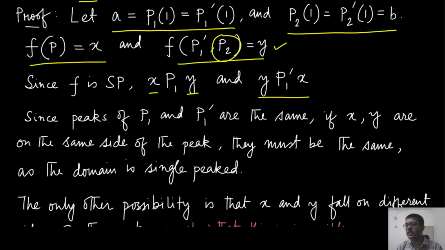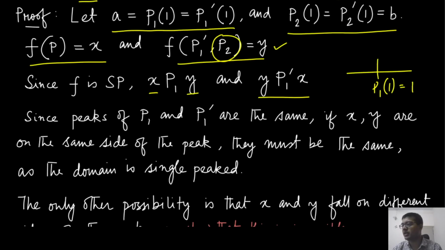Now we notice that the picks of P1 and P1 prime are the same. So there could be the following possibilities. X and Y can be on the same side of the pick. If that is the case, then they must be the same, as this domain is single peaked.